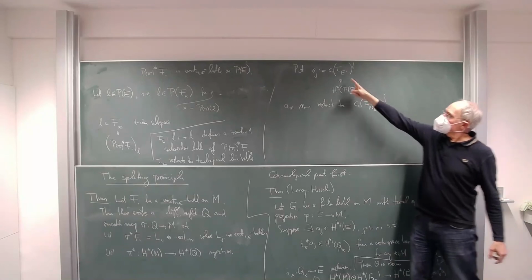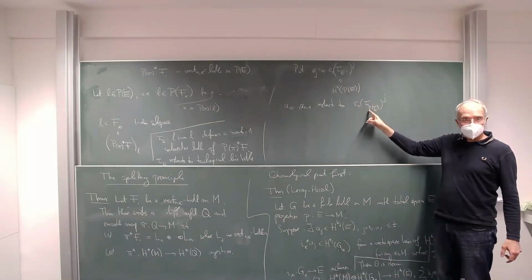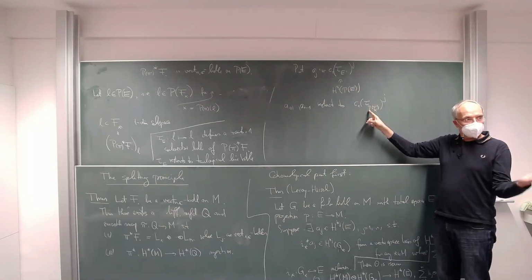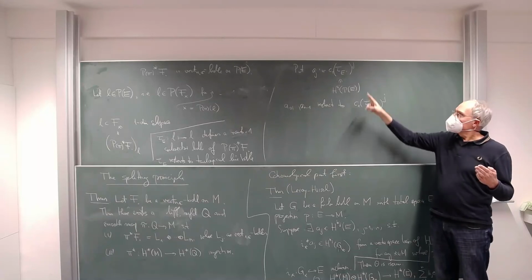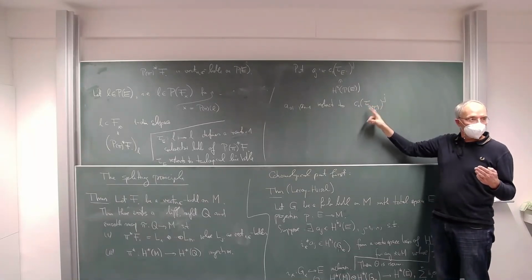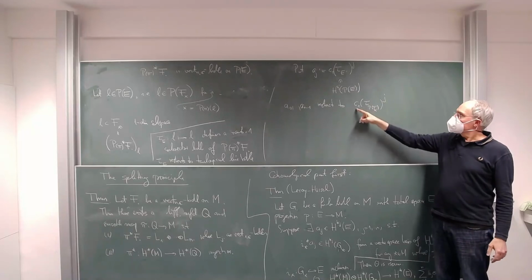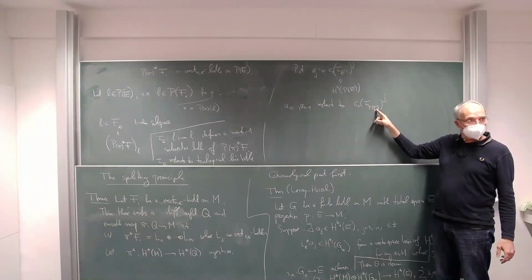Right. So this bundle restricts to that bundle when I look at the inclusion map. And Chern classes are natural, so this commutes with inclusion. So this is why this restricts to the Chern class of this.